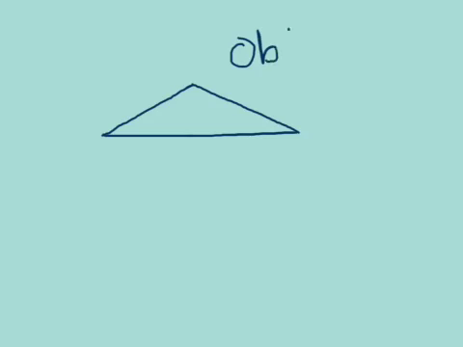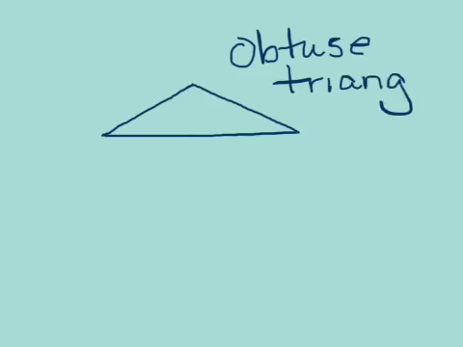The next triangle we have is called, see if you can figure this one out. Okay, this is called an obtuse triangle. Why do you think it's called an obtuse triangle?